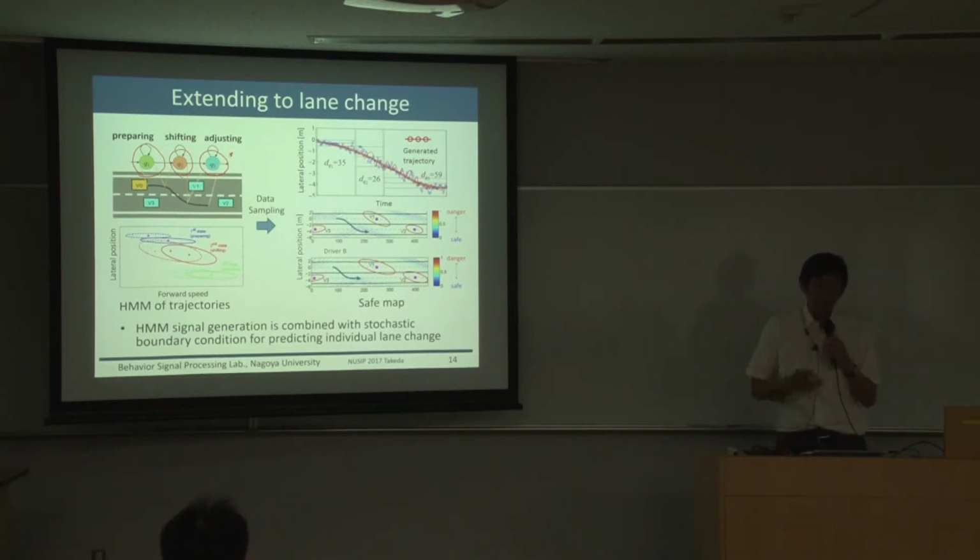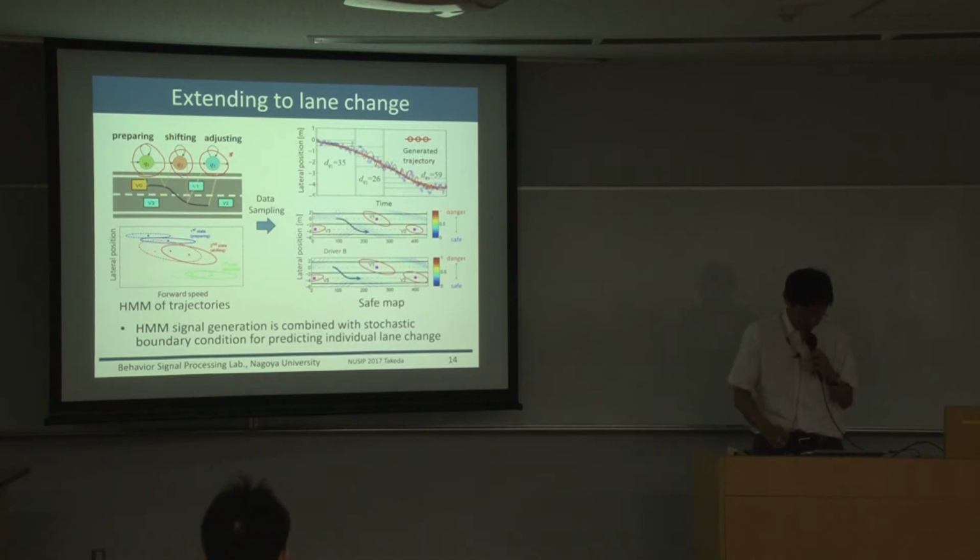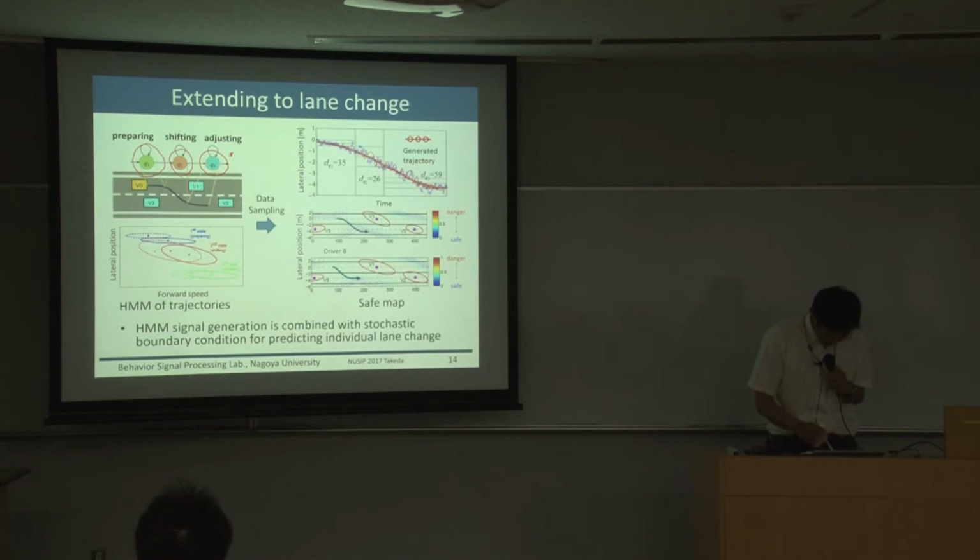And finally, we can test those trajectories against the current particular driving situation, which is the location or relative location to the neighboring vehicles. Okay. And that can be shown like this.